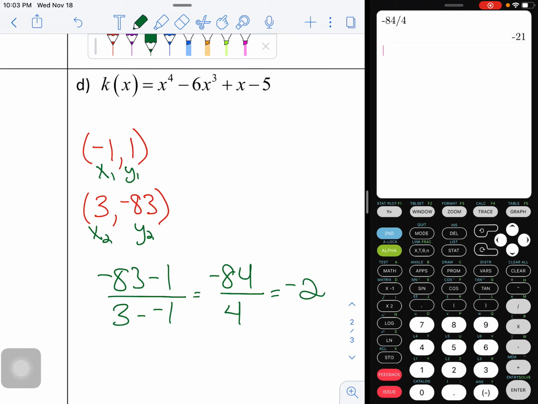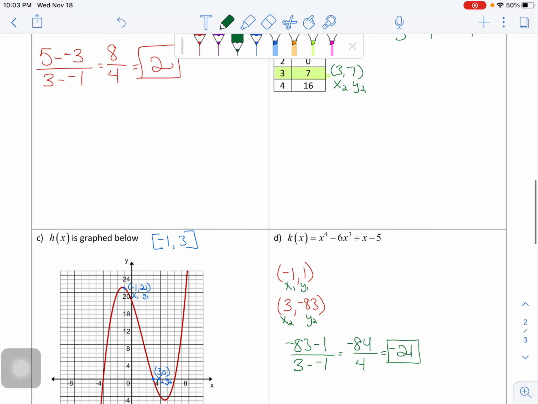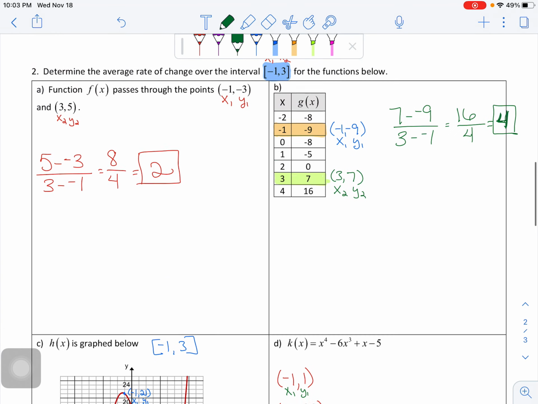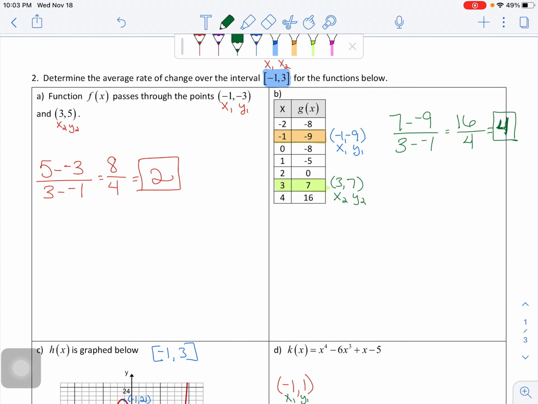So let's see, -84 divided by 4 is -21. All right, I'm going to go ahead and get rid of Calculate 84 there. All right, so we have just found all of our average rate of change in this problem for the interval -1 to 3.